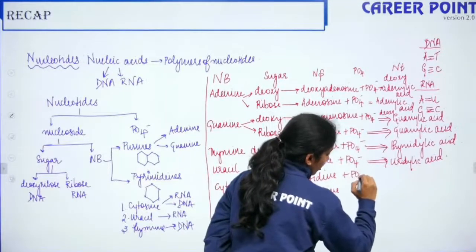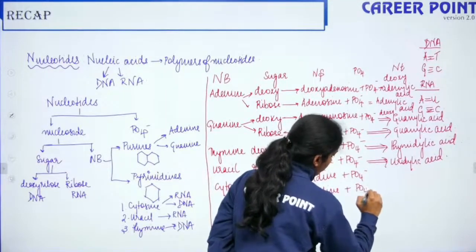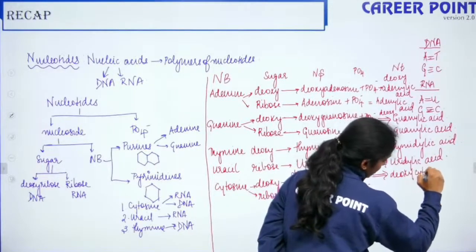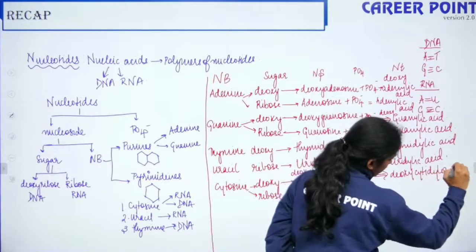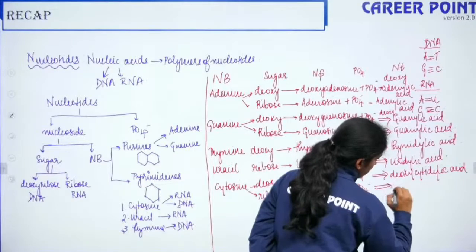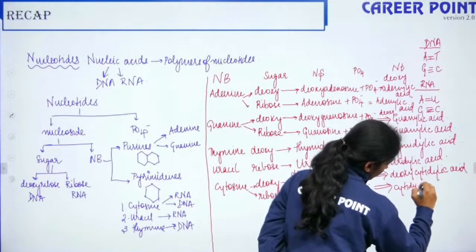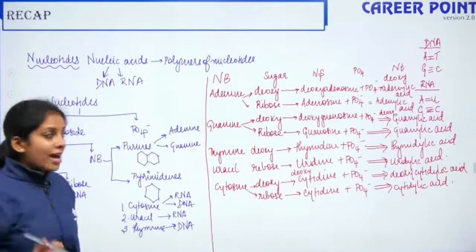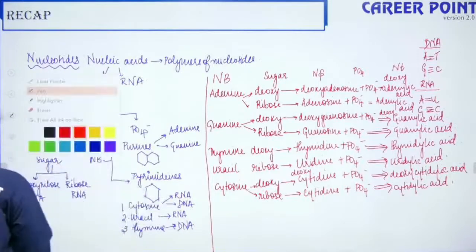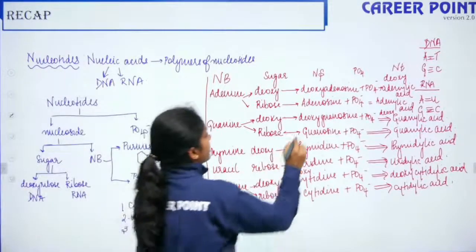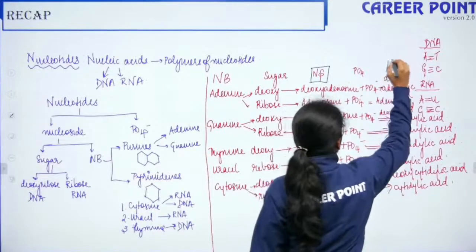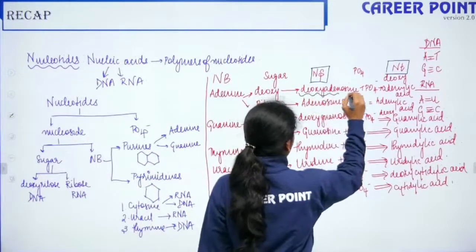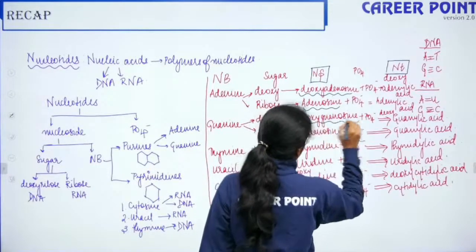When you add a phosphate group here as well as here, it forms deoxycytidylic acid. Here it is simply cytidylic acid. Fine. Now I want you to remember which is a nucleoside and which is a nucleotide. That is the main reason I wrote the entire thing on the board. So you should know which one is a nucleoside. These are all nucleosides.